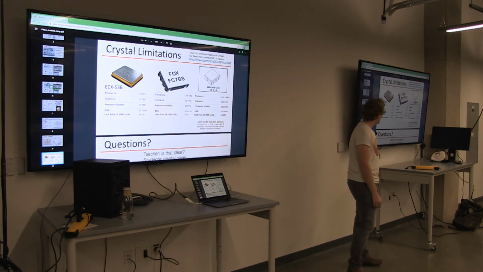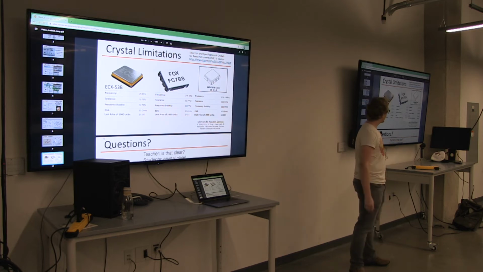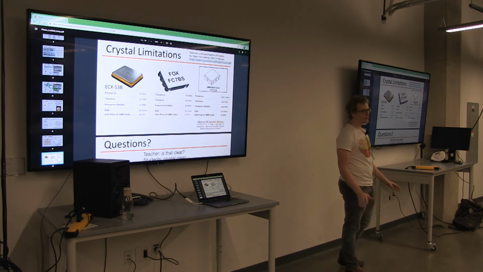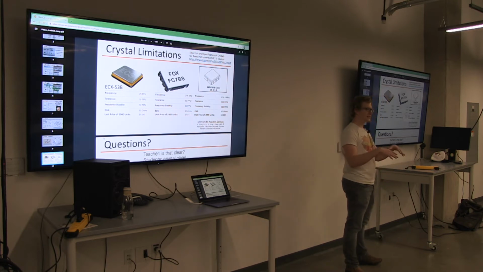Now, a different technology out there, rather than these bulk acoustic wave resonators, is surface acoustic wave resonators, right? And that's this last object over here. They're able to get much, much higher frequencies, and what they're paying for is that they're making these devices on top of the piezoelectric material rather than the piezoelectric material itself being the resonator.